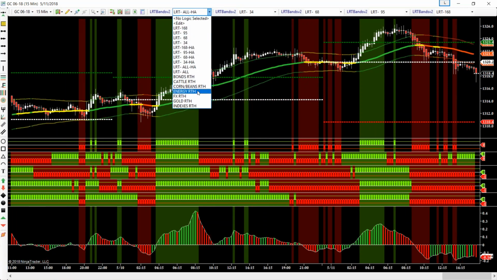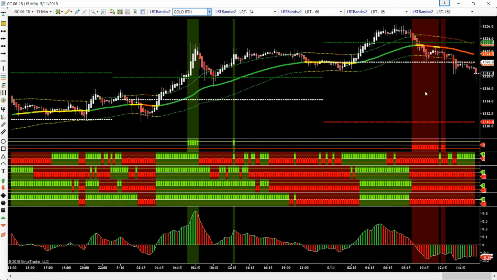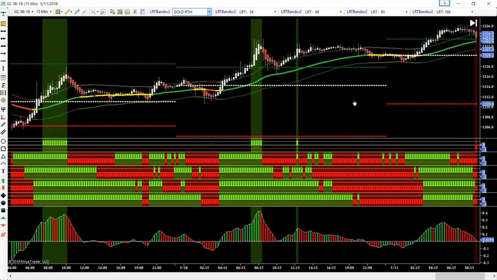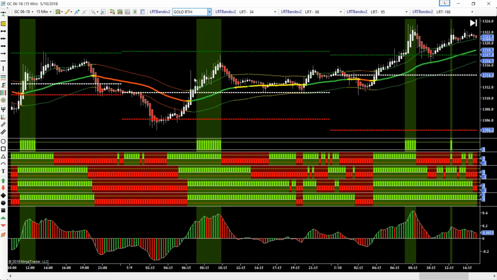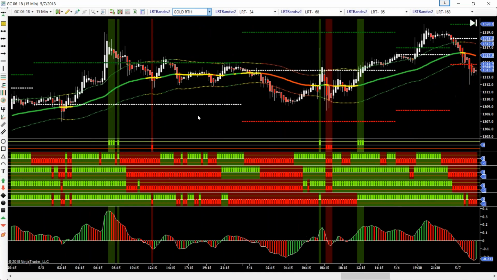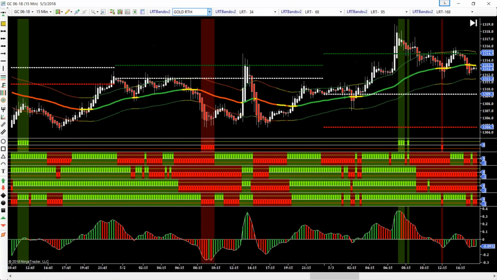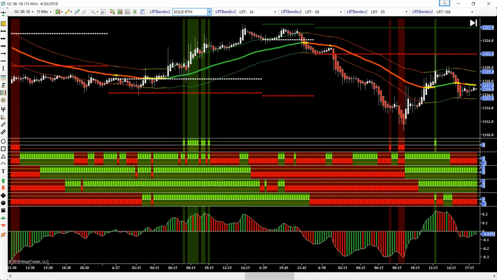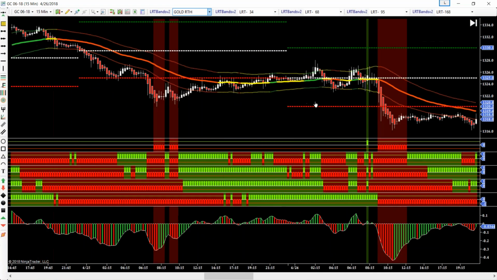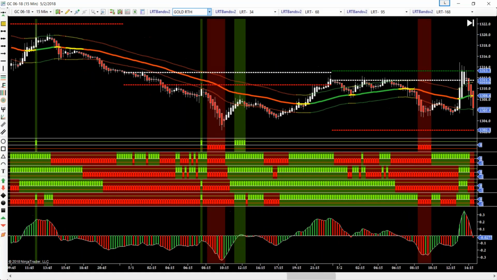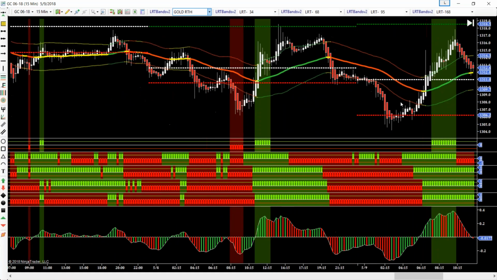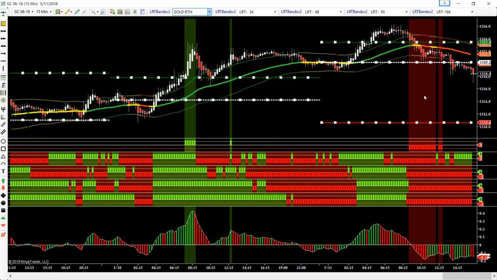I also have an RTH setting. So for gold RTH, this is just the regular trading hours in the daytime session. Up or down would tell you when to get involved in the market. And when we get that indication that it's going up or down on the RTH session, sometimes you just don't have a trade during the session at all. But when it does run, it's a pretty good indication to go into the market at that time and try to grab a runner.